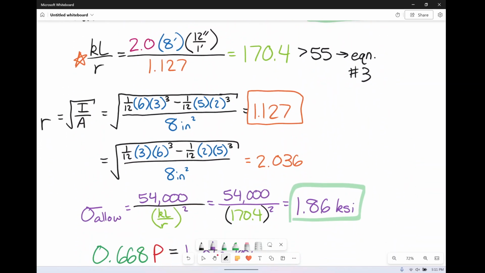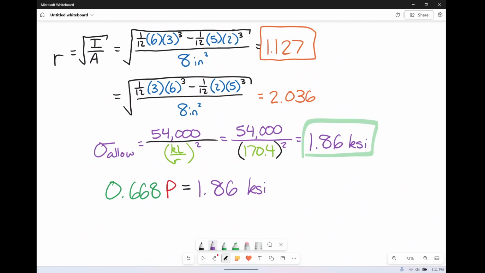So keeping up with my units, if this is in 1 per inches squared times p, and the other side's in KSI, then p is going to be given to us in kips. So therefore, for p, we're going to get 2.78 kips. Okay, yay.